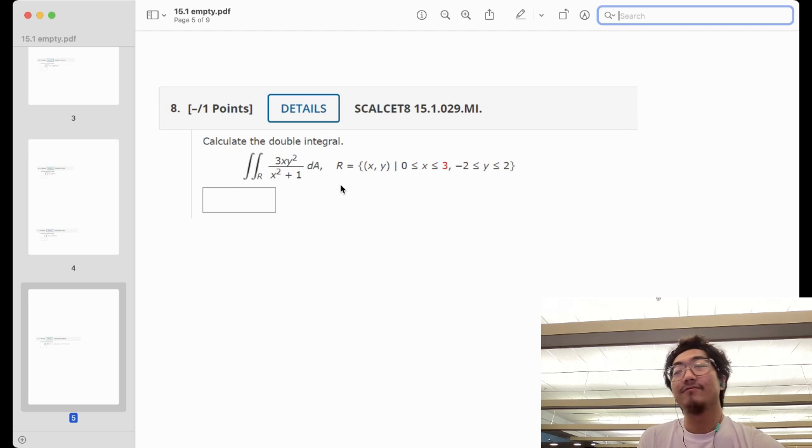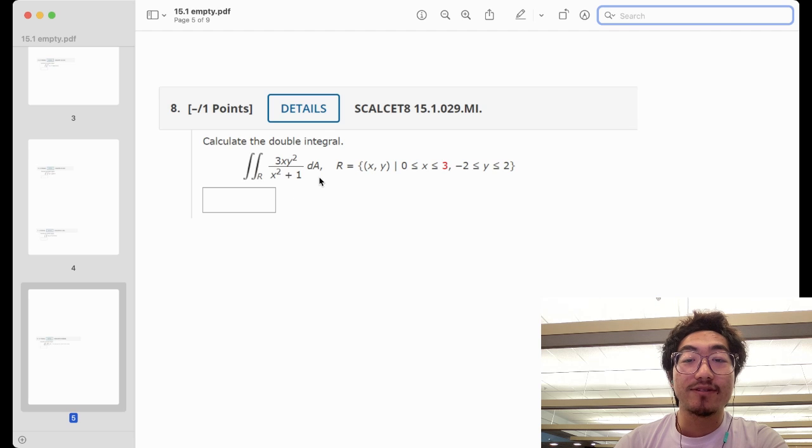Set up this integral and evaluate it. dA is going to be dx dy or dy dx. Choose whatever preference you like, but make sure the inner integrand corresponding to the first dx or dy goes with the inner integral, and the next goes to the outer dy or dx.